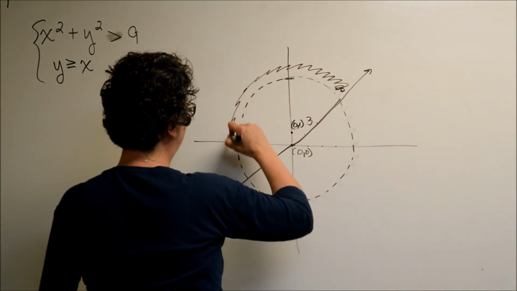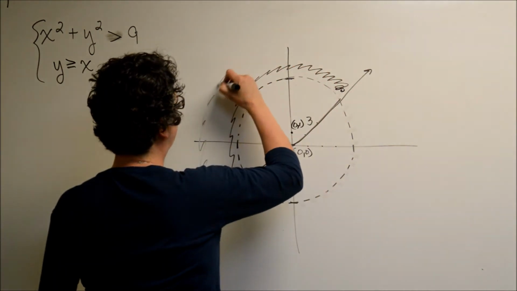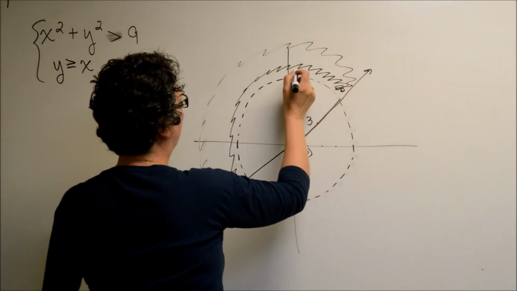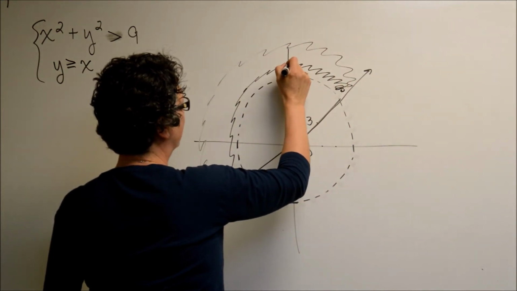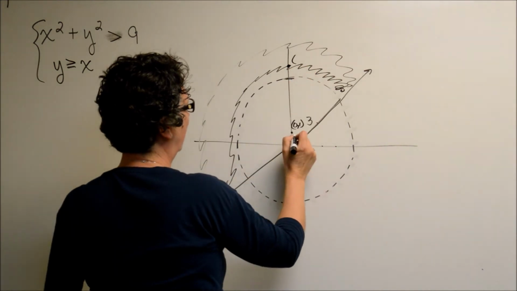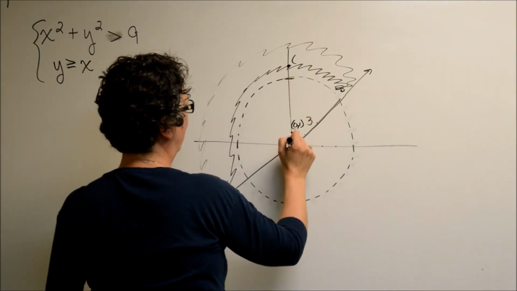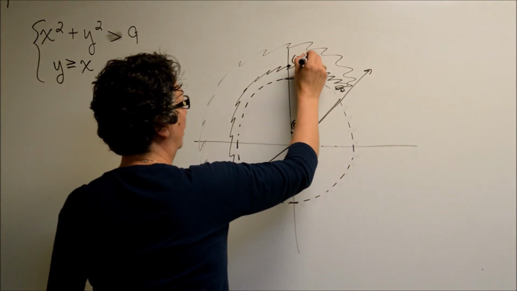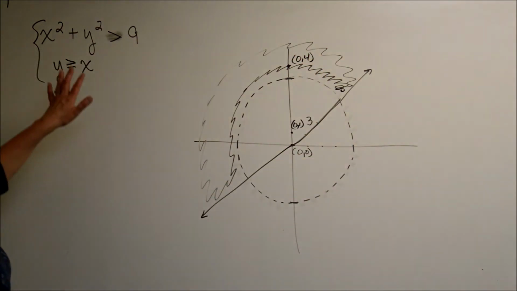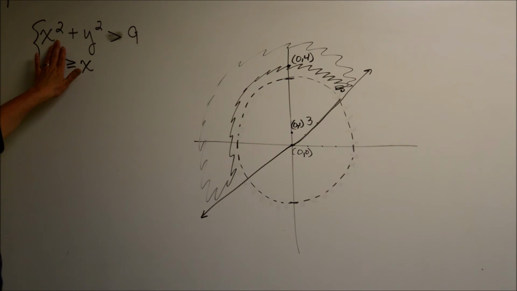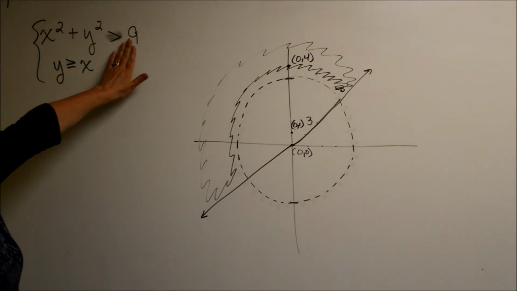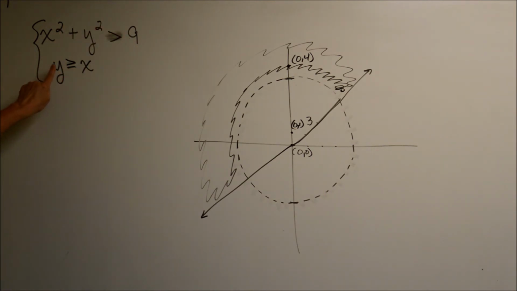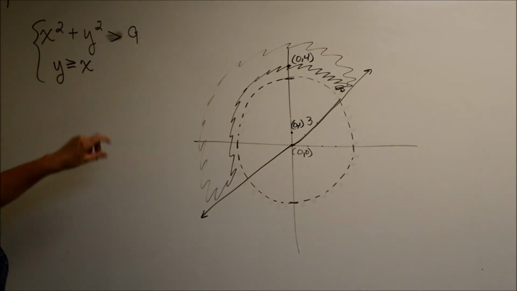Outside the circle and above the line. One point outside the circle and above the line would be right here, and because my radius of my circle is 3, it would be 0, 4. So if I put 0 in for x and 4 in for y, I get 16. 16 is greater than 9, and 4 is greater than or equal to 0.